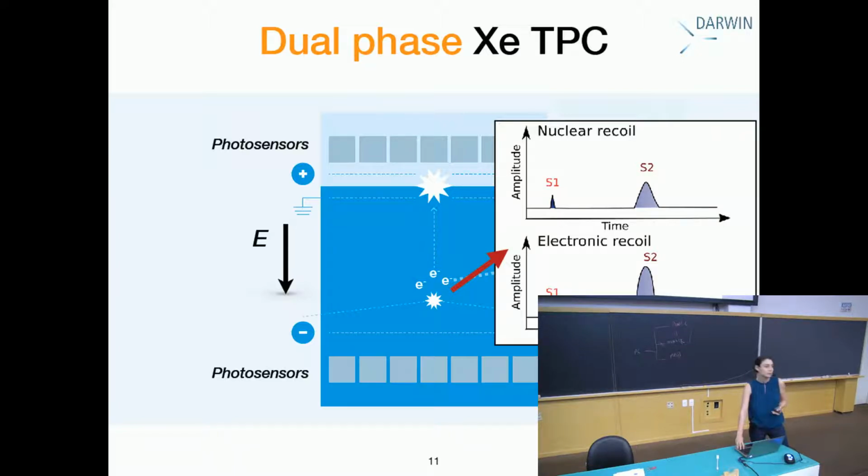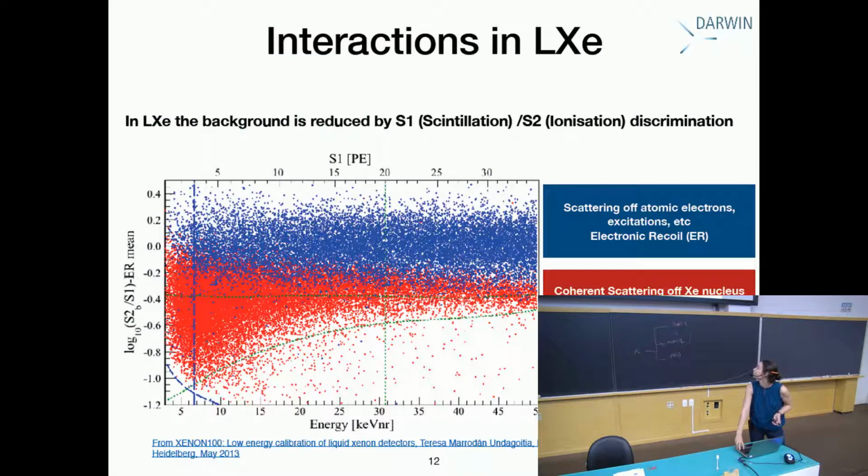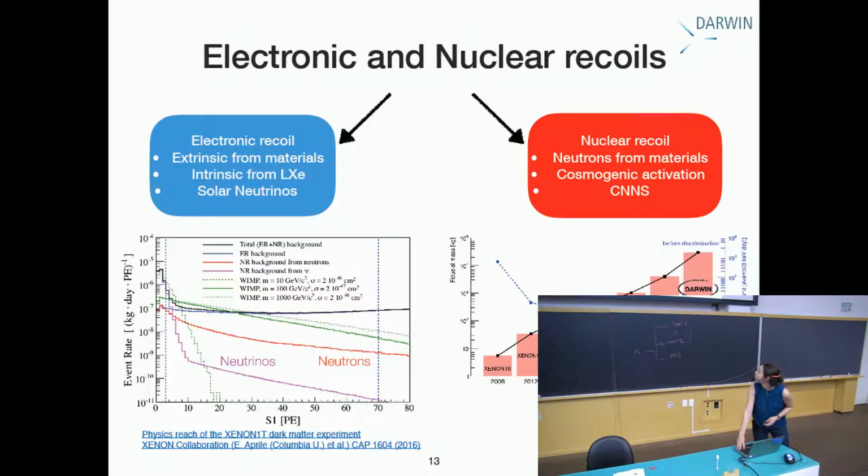And this is what Adam described as our discrimination in xenon experiments. So we have the electron recoil events and the nuclear recoil events. The nuclear recoil is the scattering off a xenon nucleus, and the electronic recoil is the scattering off electrons. This is how we perform our discrimination, with the ratio of our two signals.